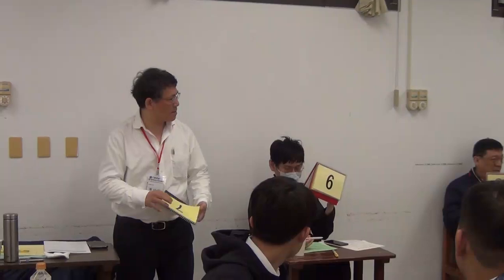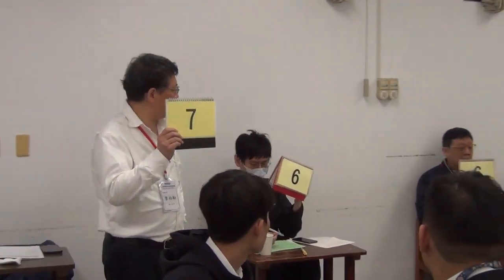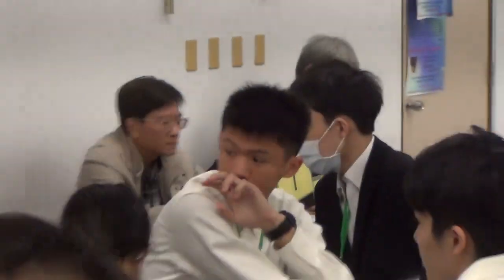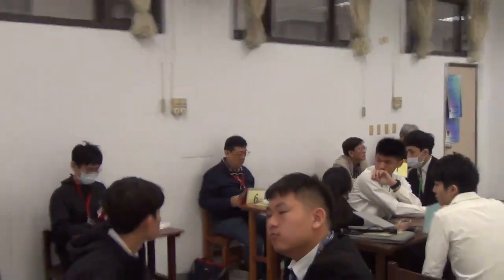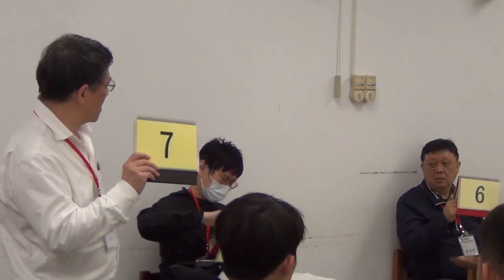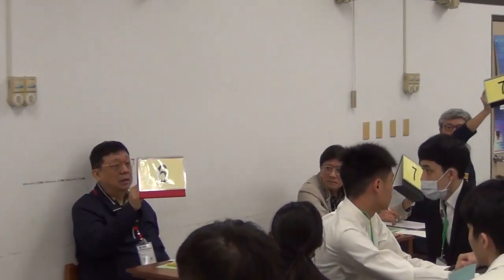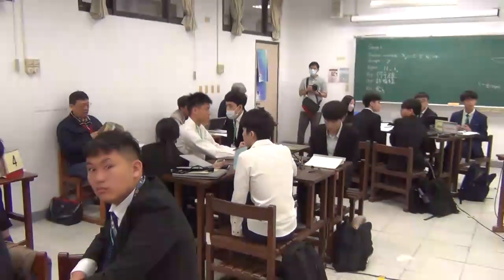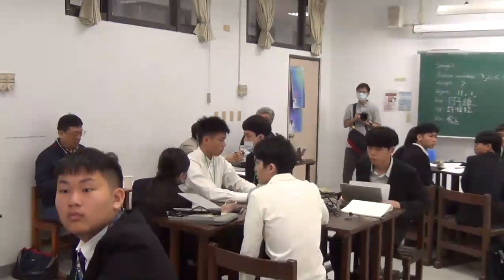And for the opponent: 7, 6, 6, 7, 6. Okay, for the reviewer: 7, 4, 6, 7, 7. Okay, so we close this section.